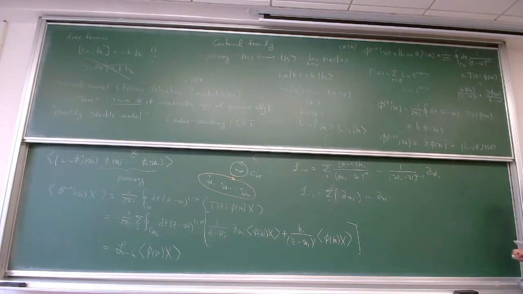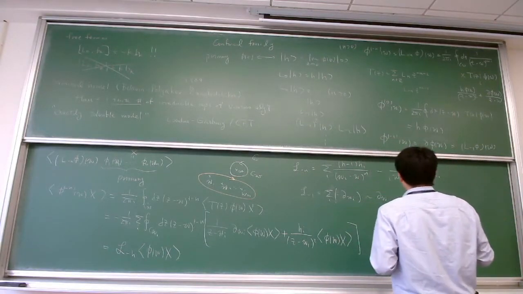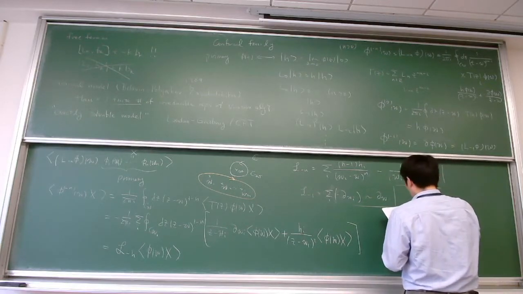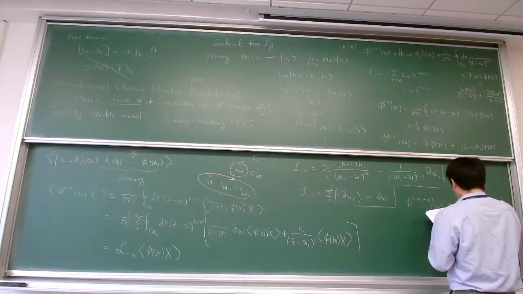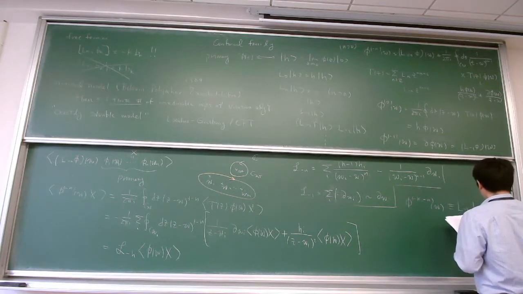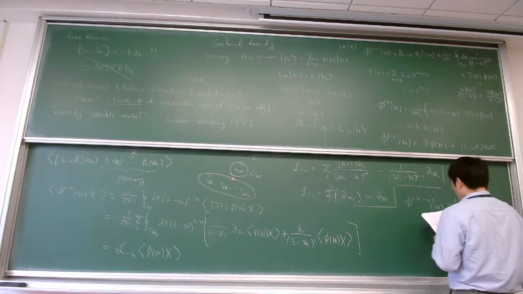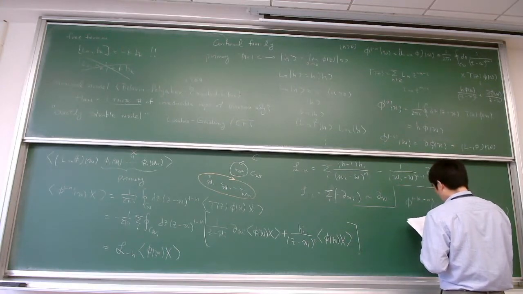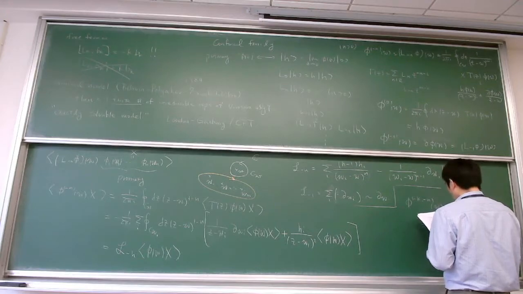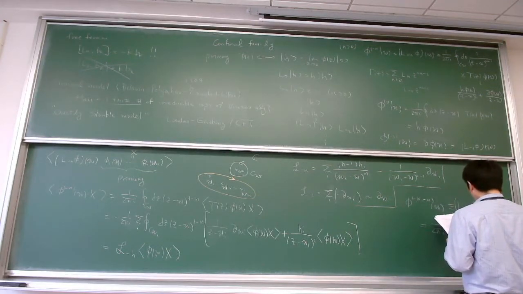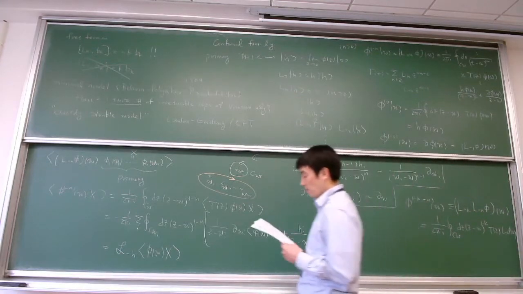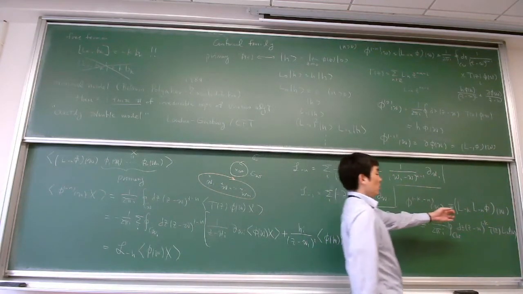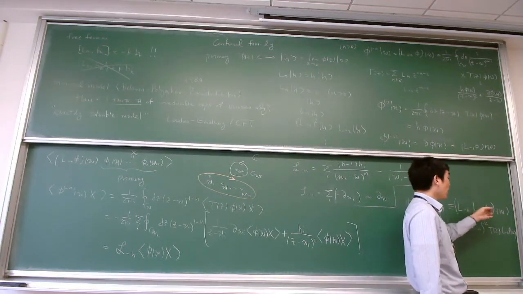Now we can just consider L acting on the operator, which can be understood as doing this recursively: the contour integral over dz, (z minus w) to the 1 minus k, times L_{-n} phi of w. That's how you define the Virasoro generator's negative modes acting on primary states.